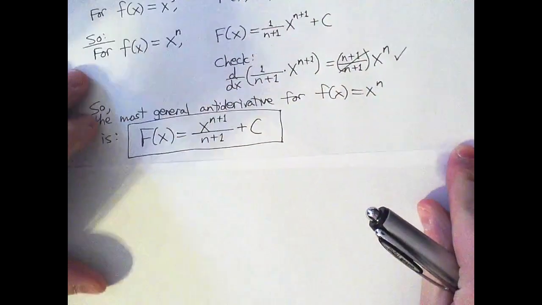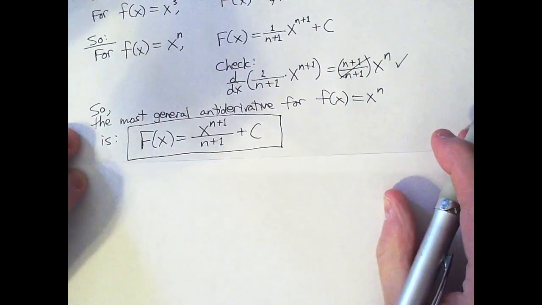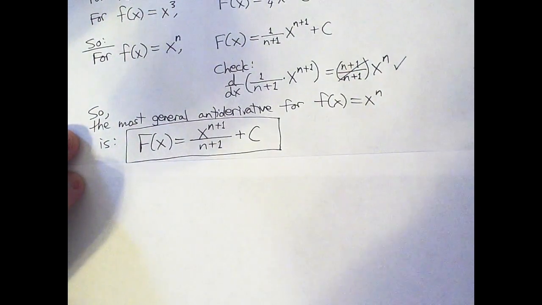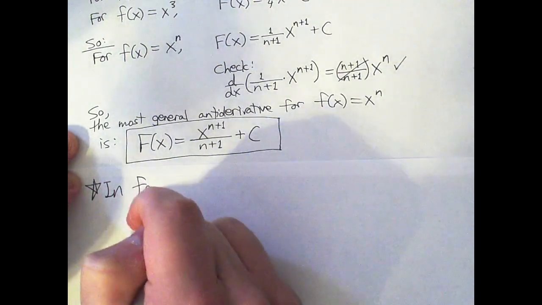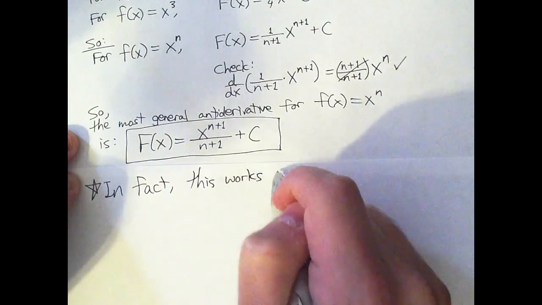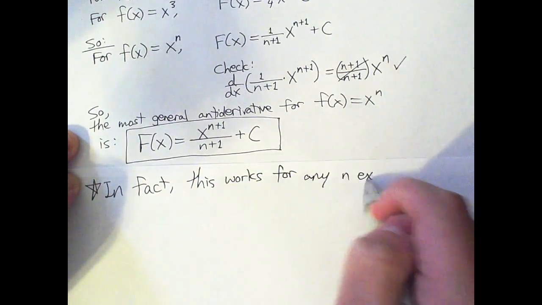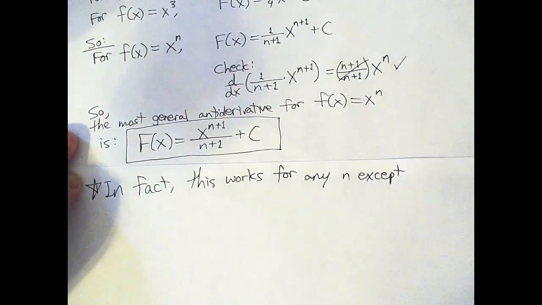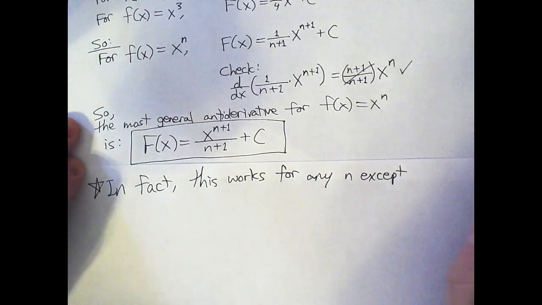Now, when I posed this question above, I said where n is a positive constant. And you might say, does it still work if n is negative? And in fact, this works for any n except there's one value of n where this rule doesn't work.